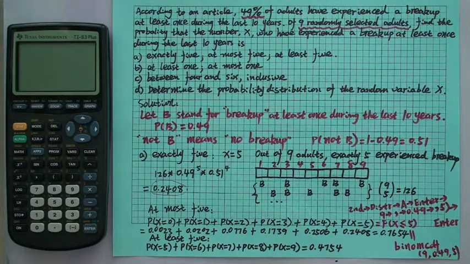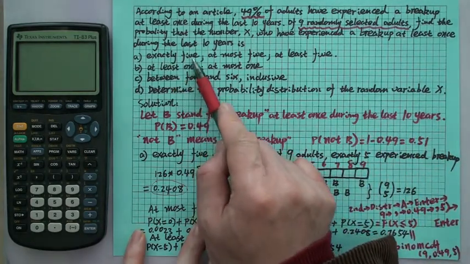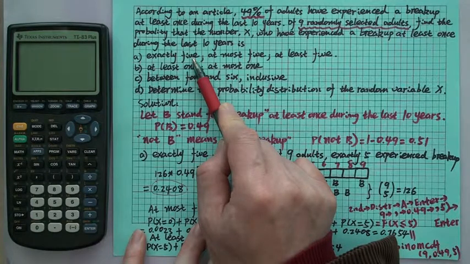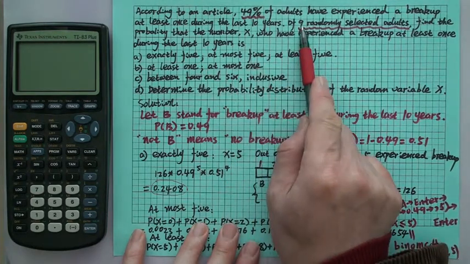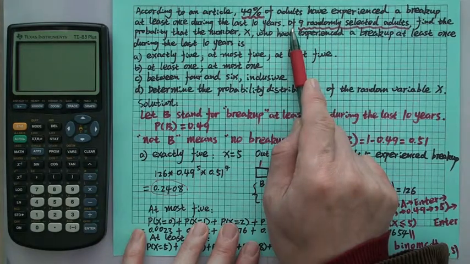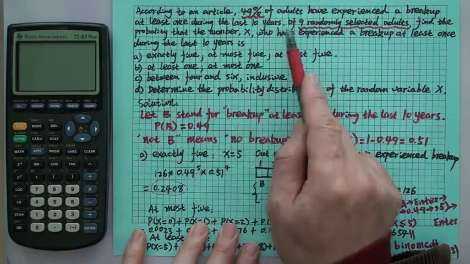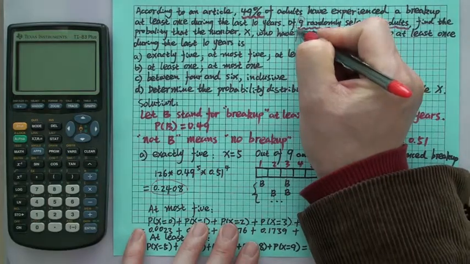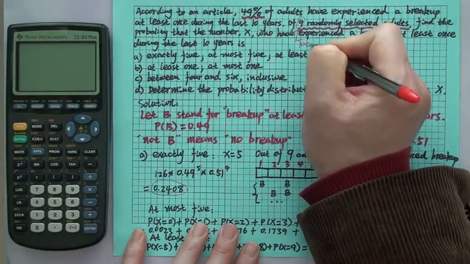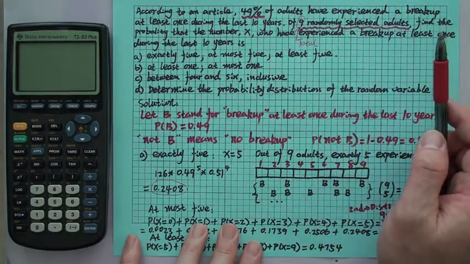That means for each value, for example x equals 5, we want to find the corresponding probability. And we know x here can be 9, 8, 7, down to 0, because in total we randomly selected 9 adults.